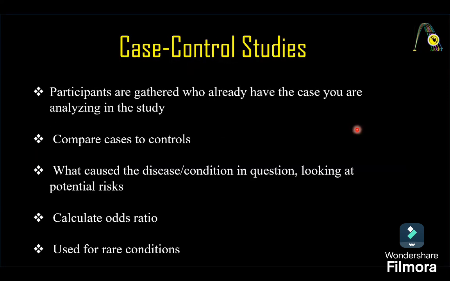If it's a rare condition, it's very unlikely for you to find as many cases as you need for your study. So it's beneficial because you already gather people with the rare condition and compare them to people that don't have that rare condition. So it's useful in that scenario.